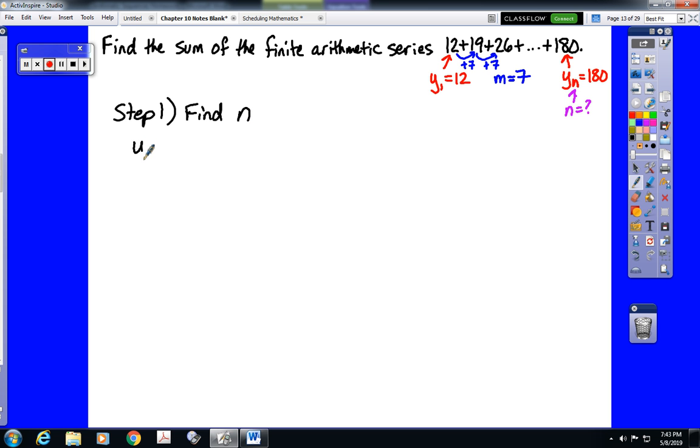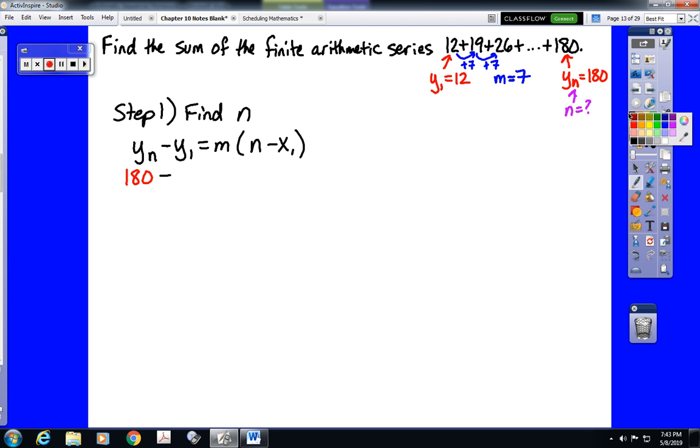Now we're going to do that by altering our point-slope equation, and we're going to insert n for x, which means that the y at the beginning would be y sub n. So that would be 180 minus 12.